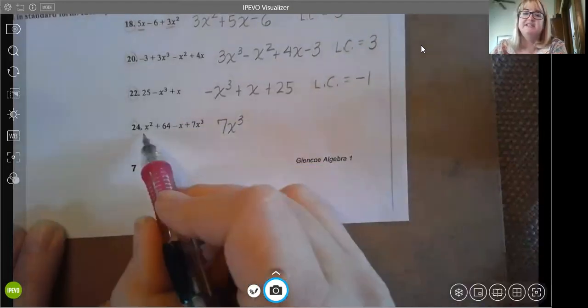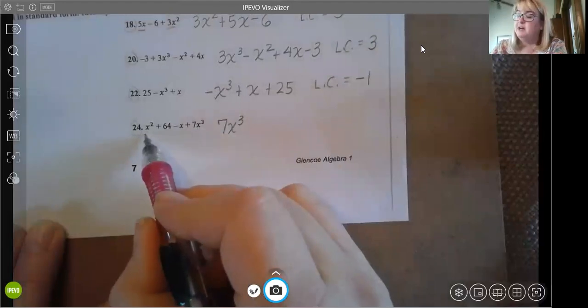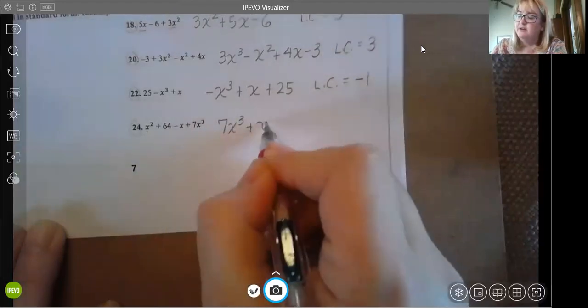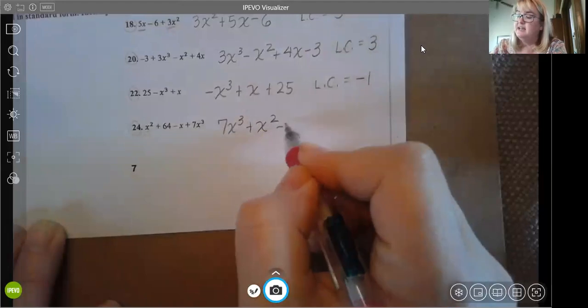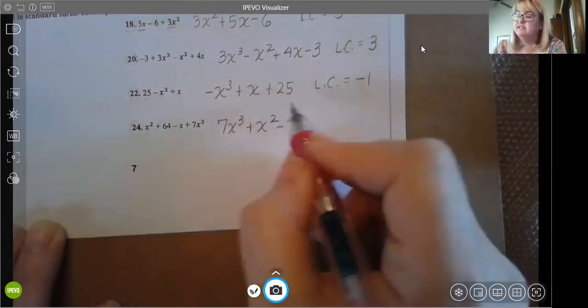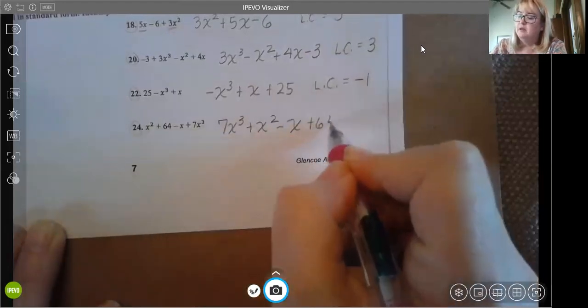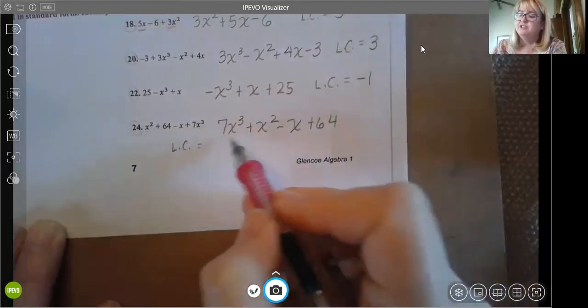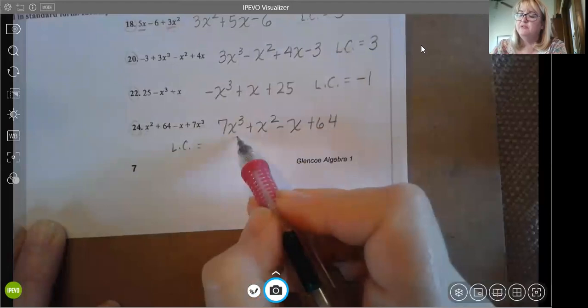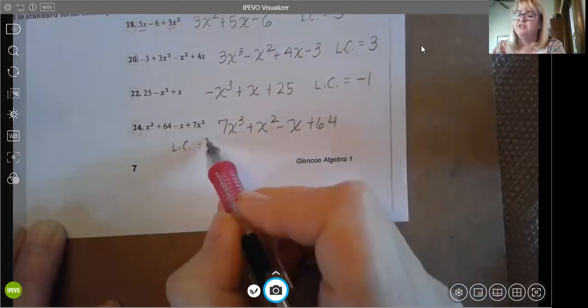Then we've got this x squared next, and it's positive, so plus x squared. Then we've got this x to the first power, and it's a negative, so minus x, and then this plus 64. Okay, the leading coefficient of 24, the first term is 7x cubed, the coefficient is 7, so the leading coefficient is 7.